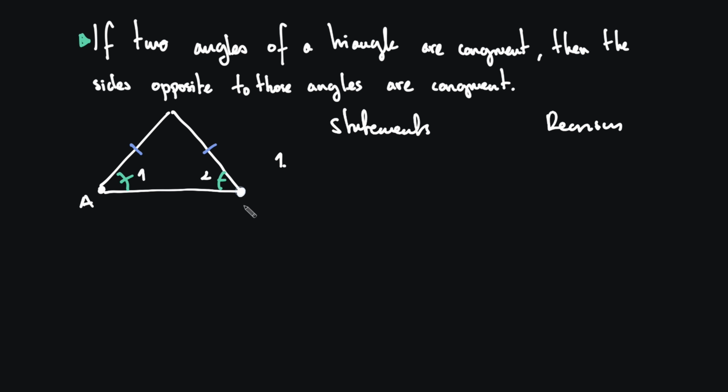So this is A, B, and this is C. So our given is that angle 1 is congruent with angle 2, right? So this is given. Basically what we need to prove is that AC is congruent with BC, right?